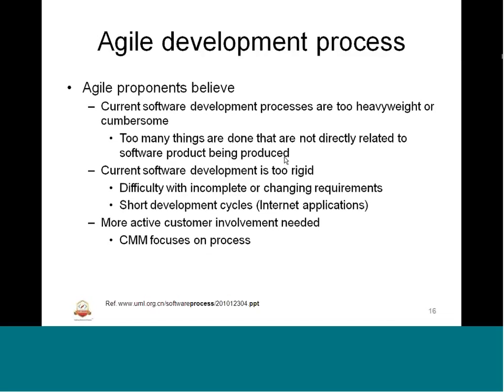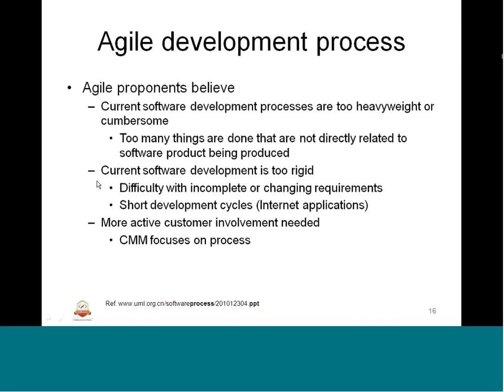Doesn't matter how big or complex the system is, or how small the unit is, or what the impact of that unit is if it fails. Sometimes it's overburdensome. So that is what the agile proponents believe. Current software development is too rigid.